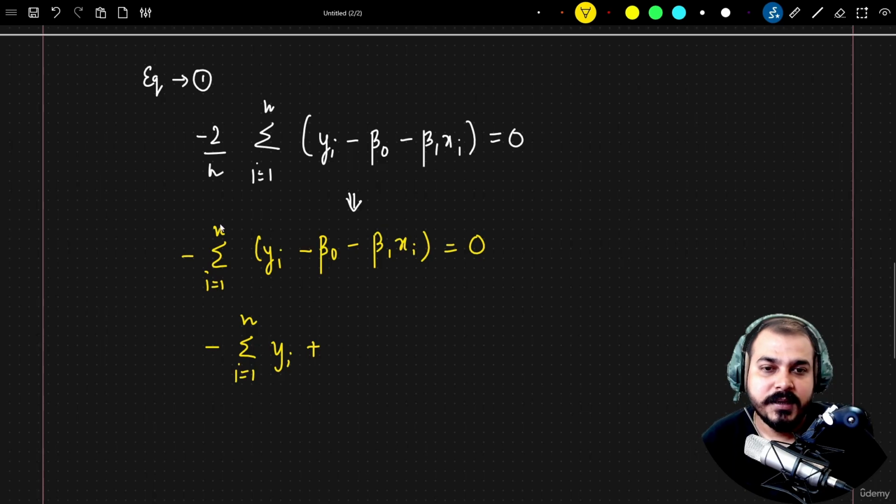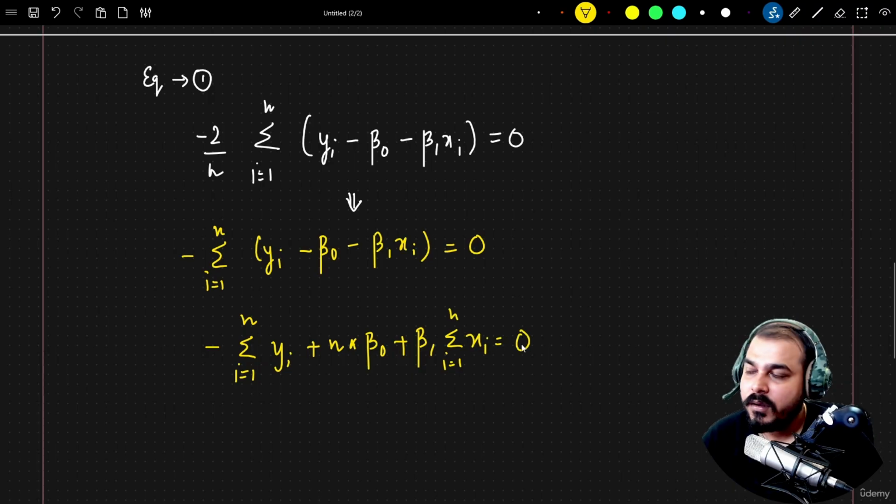This will be plus, since I don't have any variable that is ranging between 1 to n, so here I can directly multiply n multiplied by beta 0, minus, and again this minus into minus will be plus, and here you know that I can write beta 1 summation of i is equal to 1 to n x of i is equal to 0, okay.